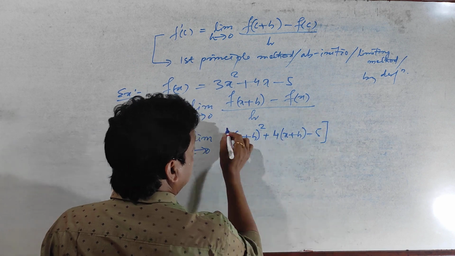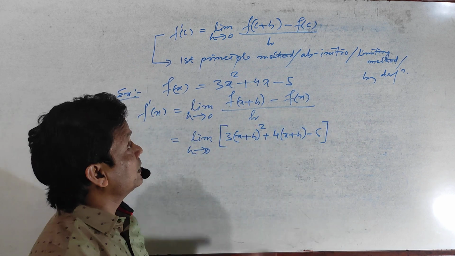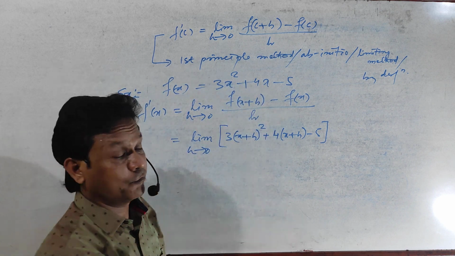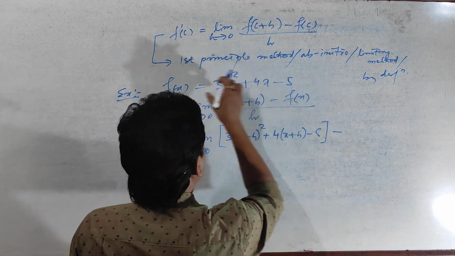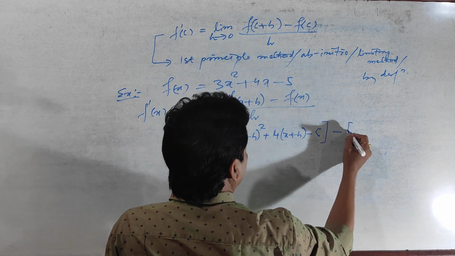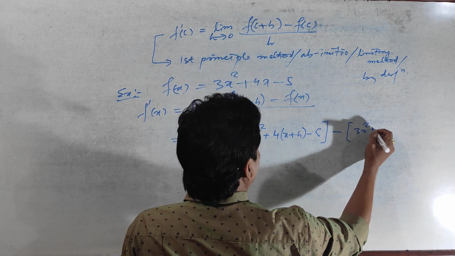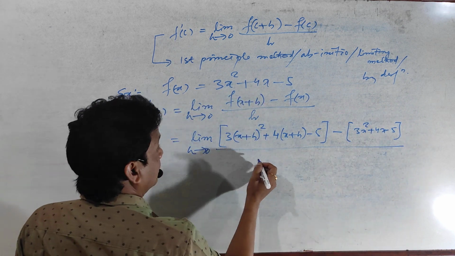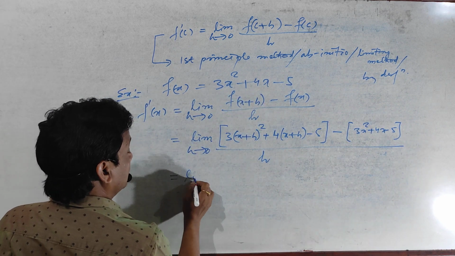Put a bracket here. Simply I have written x plus h in place of x, minus the original function. You should write the original function, 3x square plus 4x minus 5, divided by h. The limit.